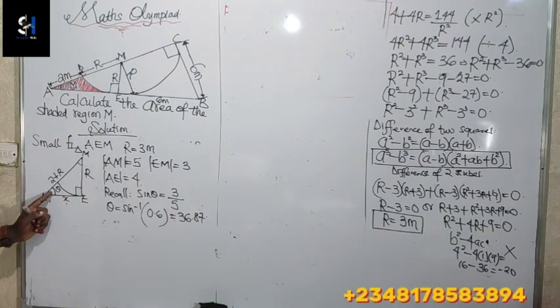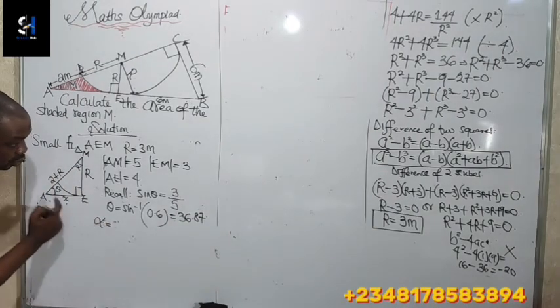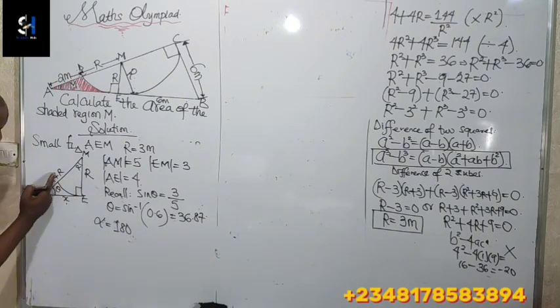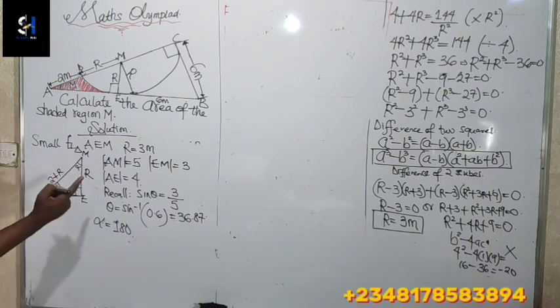Now we know the value of this angle. Let's say this angle is alpha. To calculate the size of angle alpha, it will be 180, because the sum of angles in a triangle is 180.